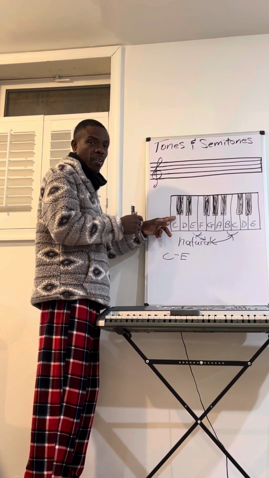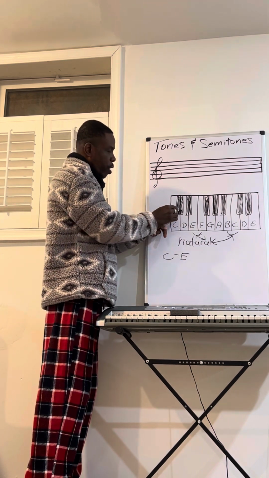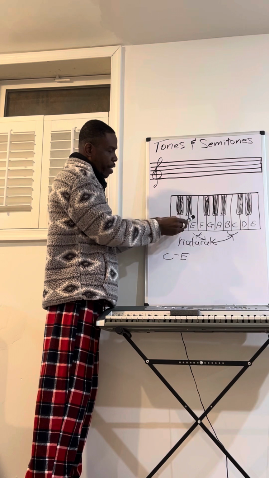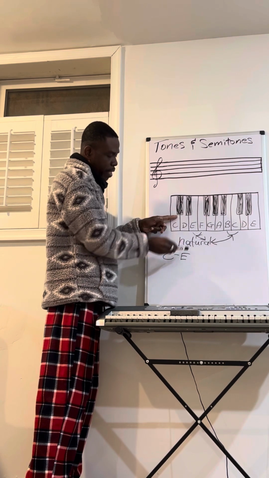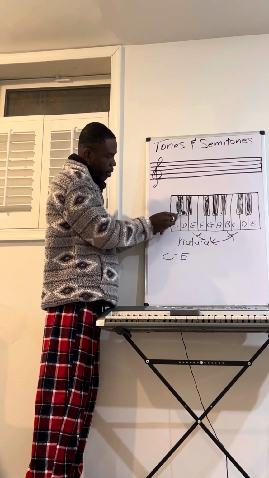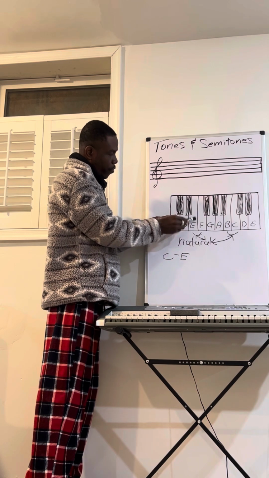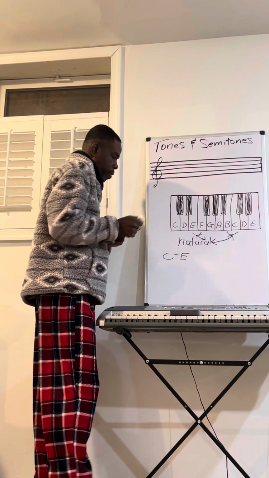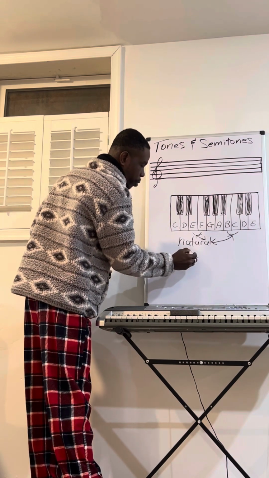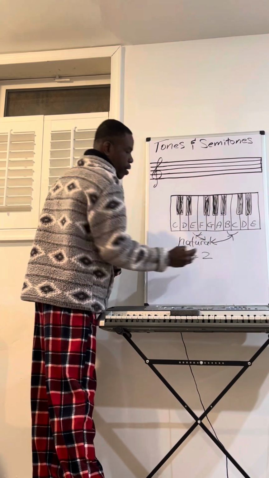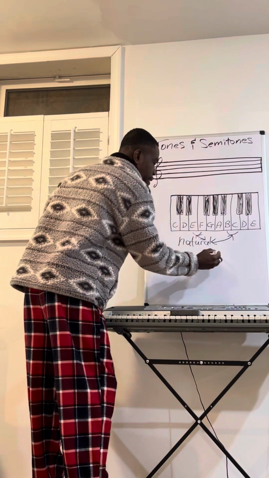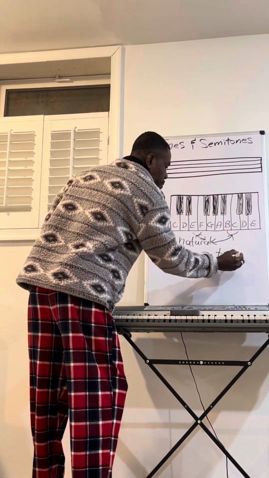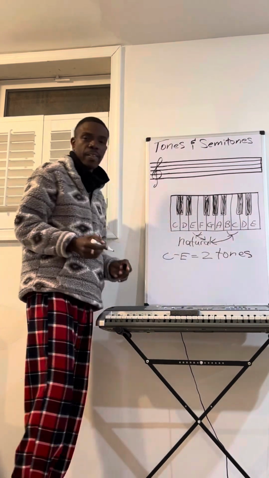I have to count when I start to move. So it's 1, 2, 3, 4. Stop at E, right? 1, 2, 3, 4 semitones, which equates to two tones. So it's 2 tones. That's the distance.